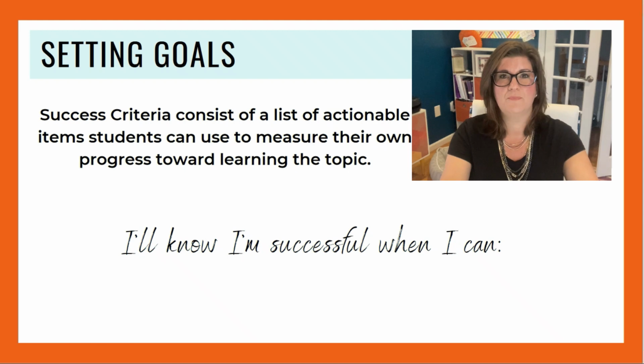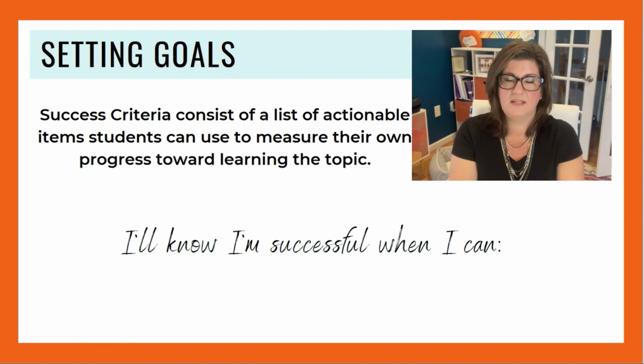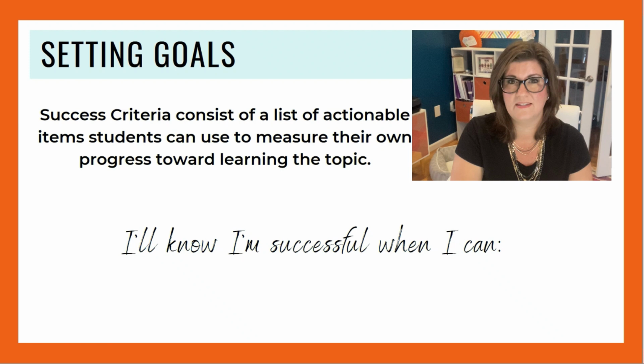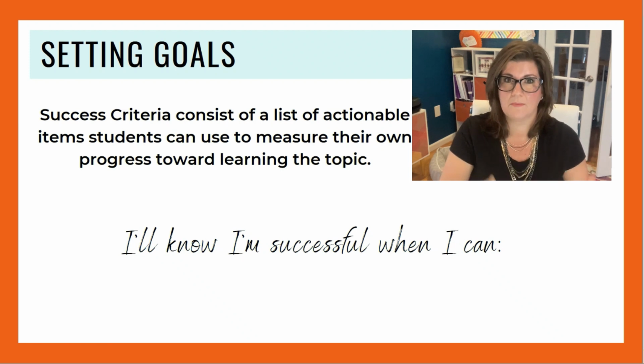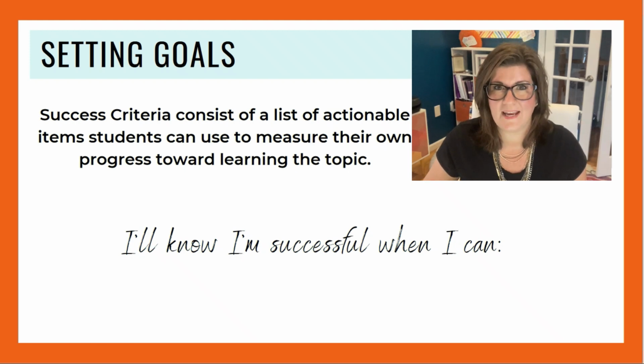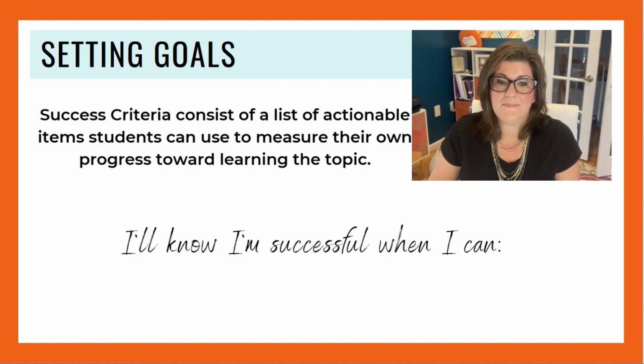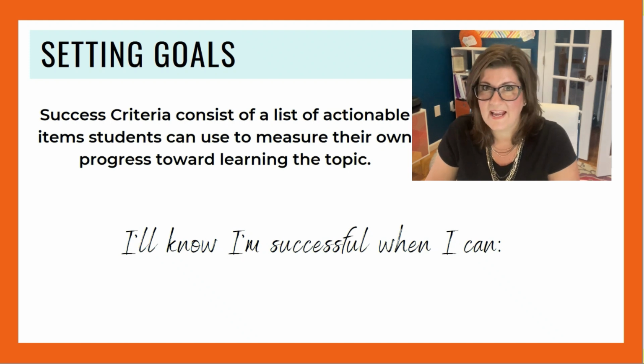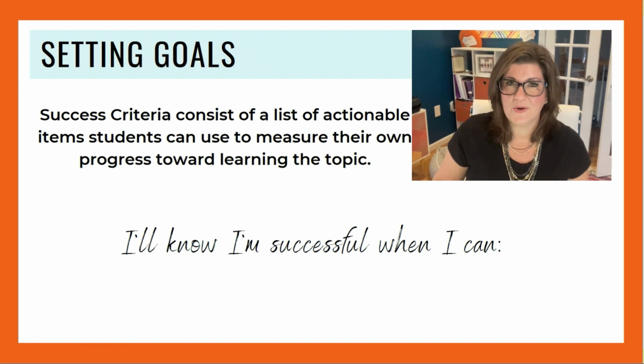As you have planned your lesson, you know what they need to be successful, and you know what you've prepared for them to do. If they have that list to measure themselves against, they could be much more responsible. They could be much more centered on their own progress and performance. So a simple statement like, I'll know I'm successful when I can, does wonders.